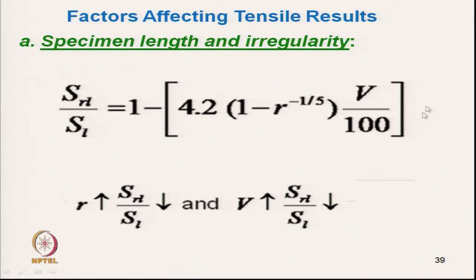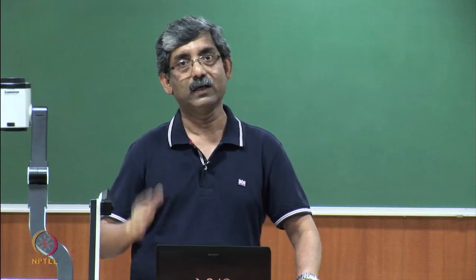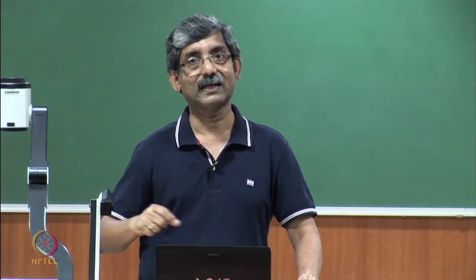In that situation this equation is not valid, because R is 1, this whole segment becomes 0, and it shows the same value. The impact of yarn irregularity is not there. So, the impact of yarn irregularity only comes if we change the gauge length.